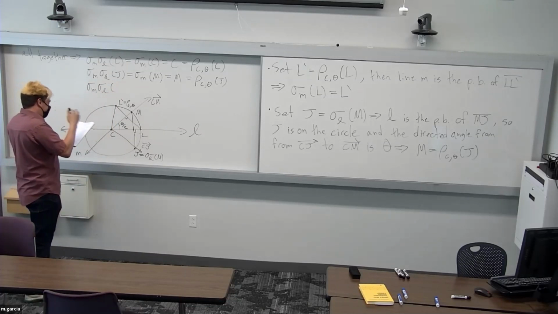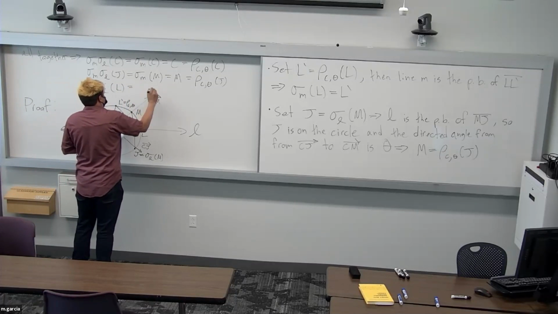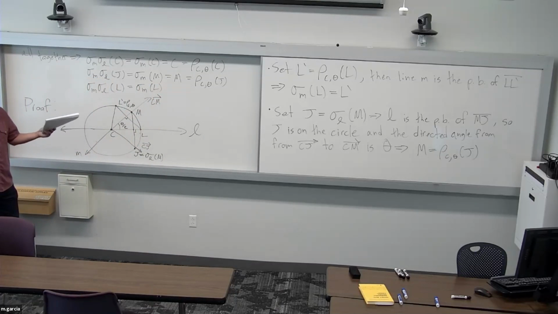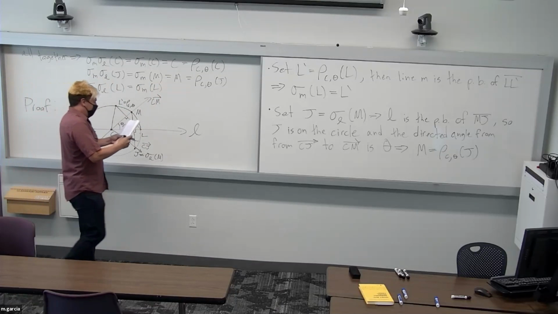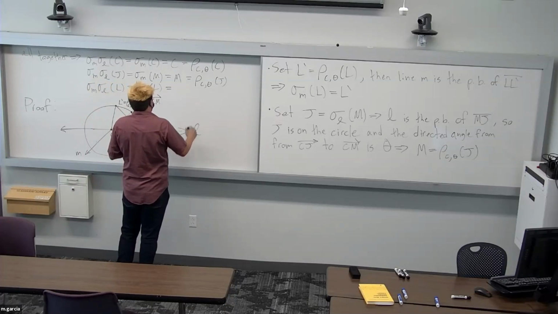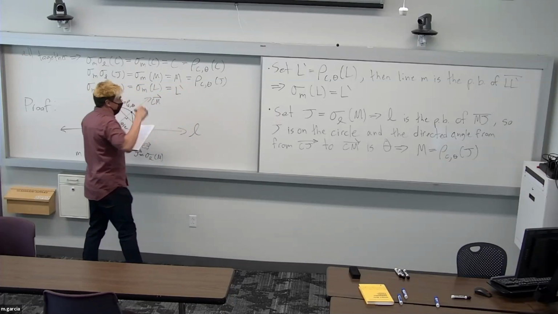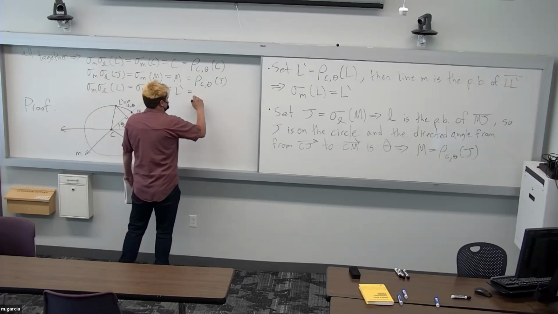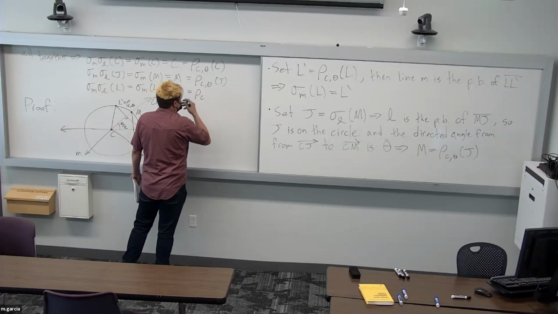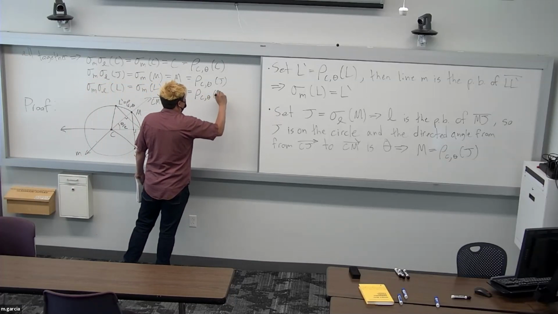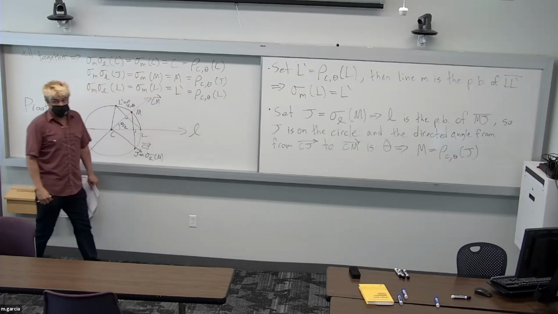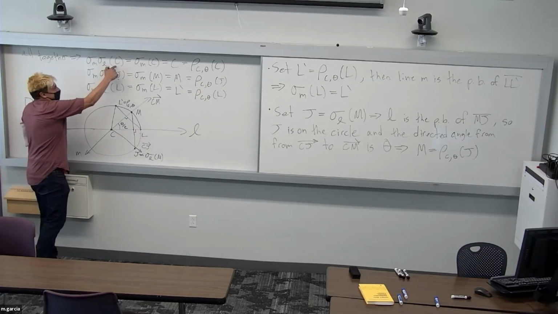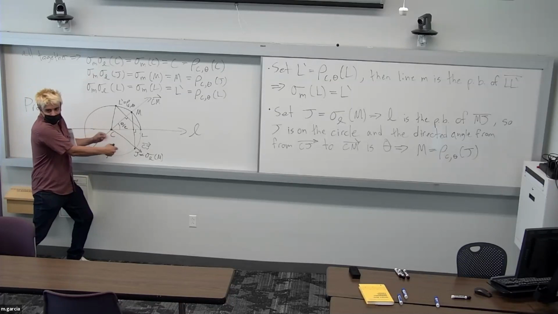So sigma M, sigma L of L is equal to sigma M of L, right? Sigma L fixes L because it's on lowercase l. And then we set this to be L prime. But we showed in the beginning that L prime is also the image of rho sub C comma theta of L. Okay, so if you don't believe me that C, J, and L are non-collinear, let's look at this diagram.